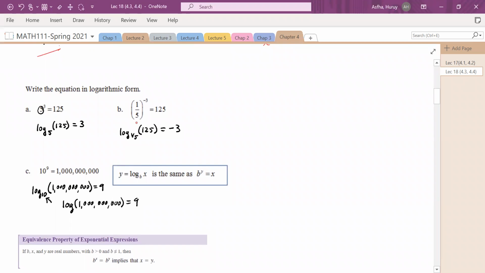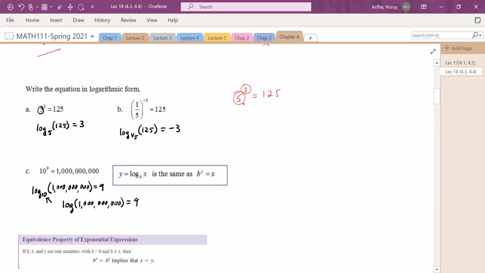And then to write an equation in logarithmic form, we have these exponential forms, and we want to write them in logarithmic form. Let's start with the first one. We have this. So this is the exponent in this case, and this is the base.